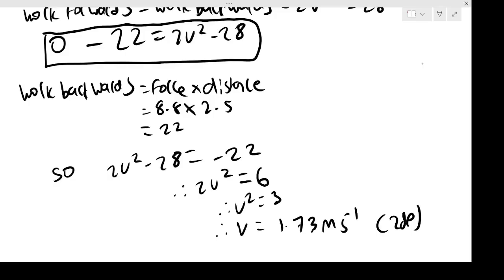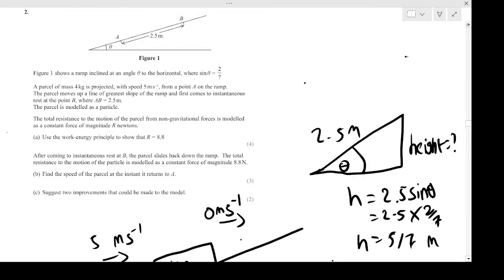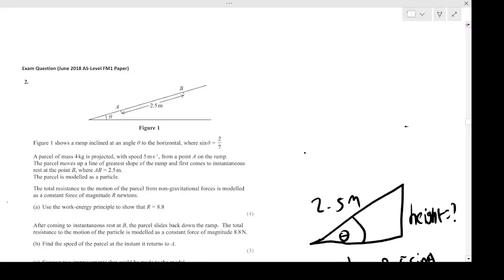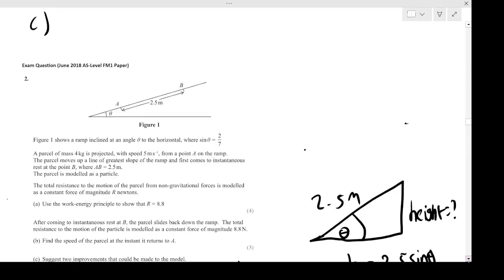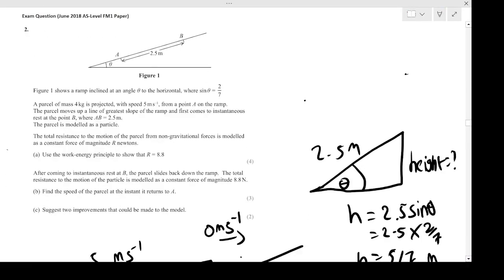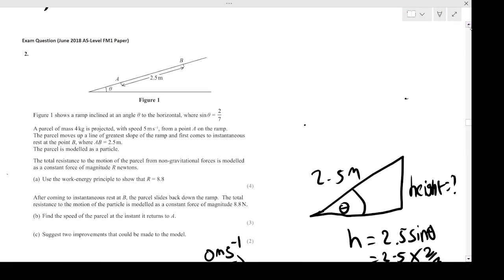Then in part C, it's asking us for 2 improvements that could be made to the model. I'll do that up here. There are 2 sort of stock answers perhaps.